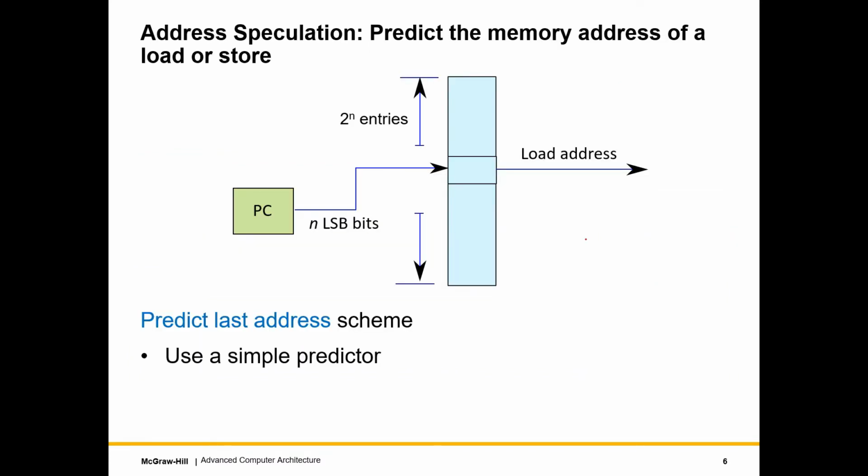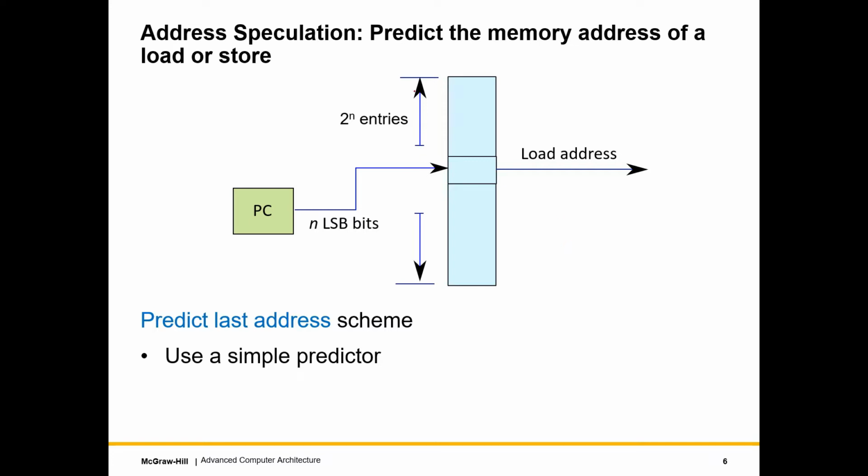So let's look at our address speculation. We have seen this before. In this diagram, we had seen something very similar while we were predicting the outcome of branches. So the predictor is generic. We had discussed that this is a generic structure of a predictor.